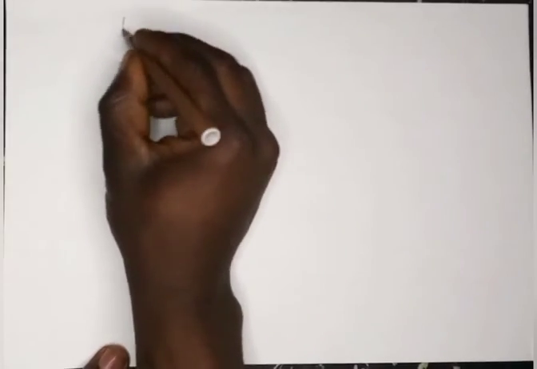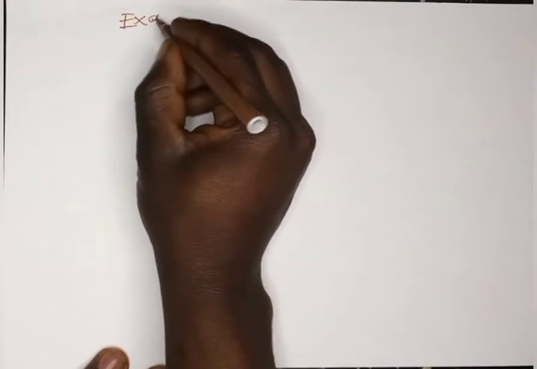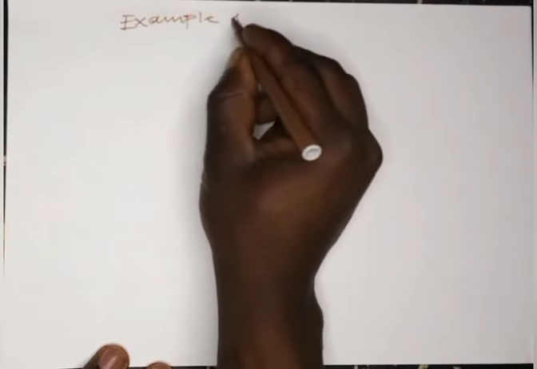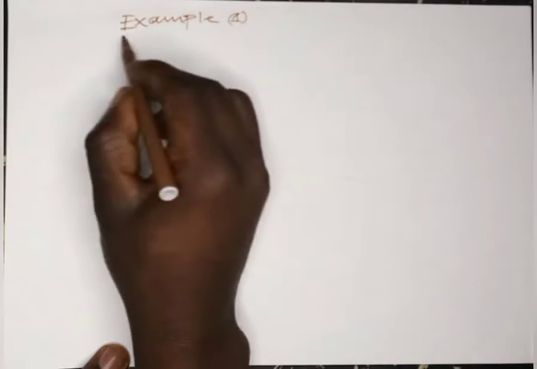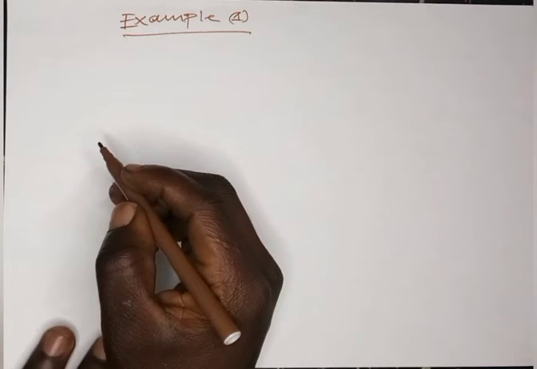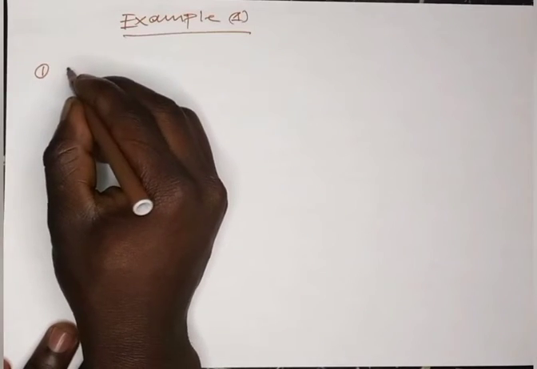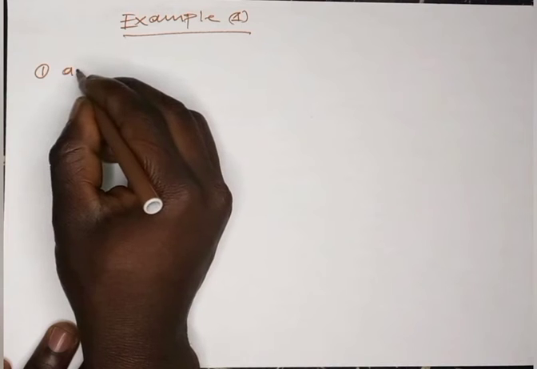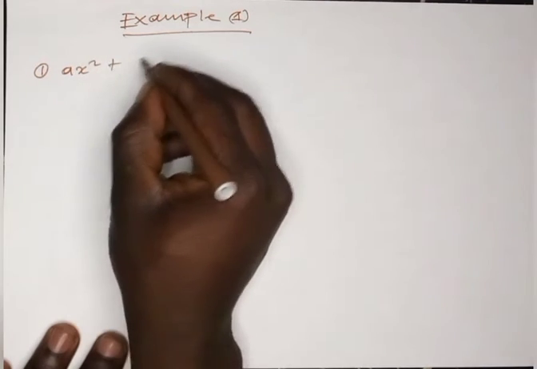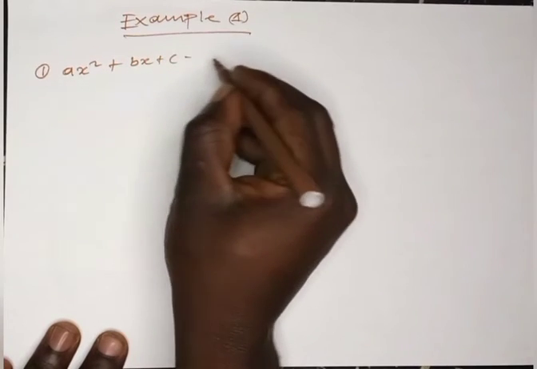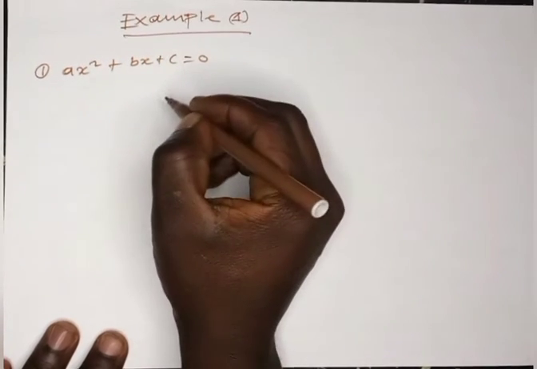So let's try to work this out with an example. Example 1: ax squared plus bx plus c equals 0.